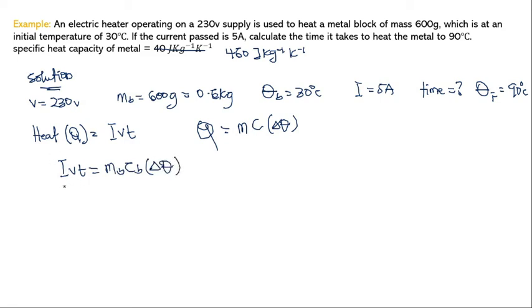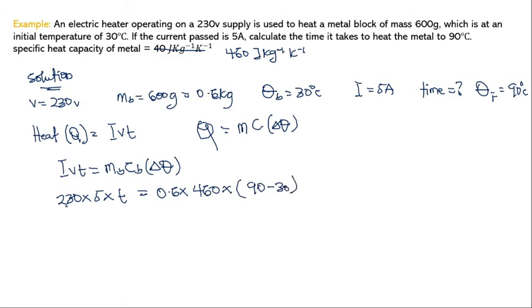Alright, so we have our voltage, which is 230 volts, multiplied by the current, 5, and then the time, which we don't know. The mass of the ball is 0.6 kilograms, multiplied by the specific heat capacity of the ball, 460, then multiplied by the change in temperature, which is 90 minus 30.